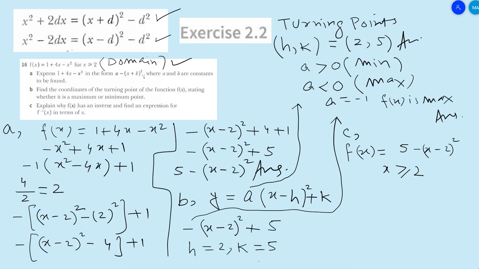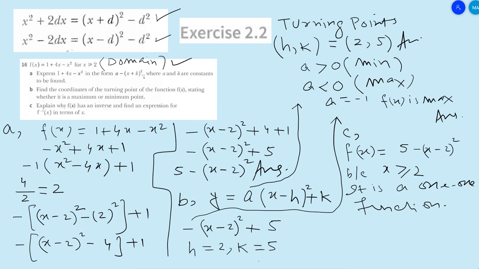Domain is not all real numbers. So what is the answer? Because it is a 1-to-1 function. This is the reason. Explain why f(x) has an inverse, because it is a 1-1 function.